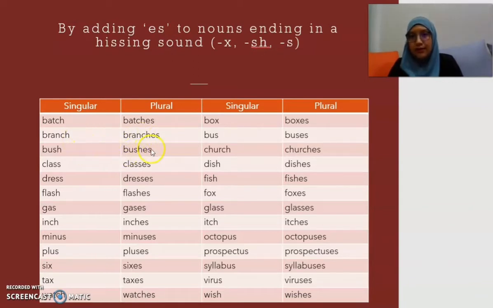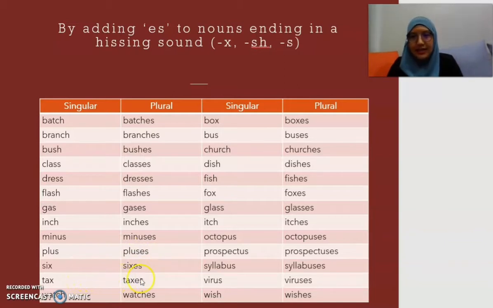Bush, bushes. Class, classes. Dress, dresses. Flash, flashes. Gas, gases. Inch, inches. Minus, minuses. Plus, pluses. Six, sixes.